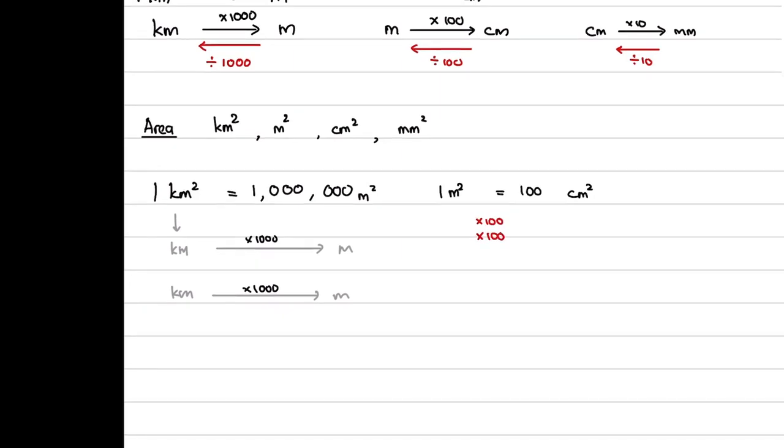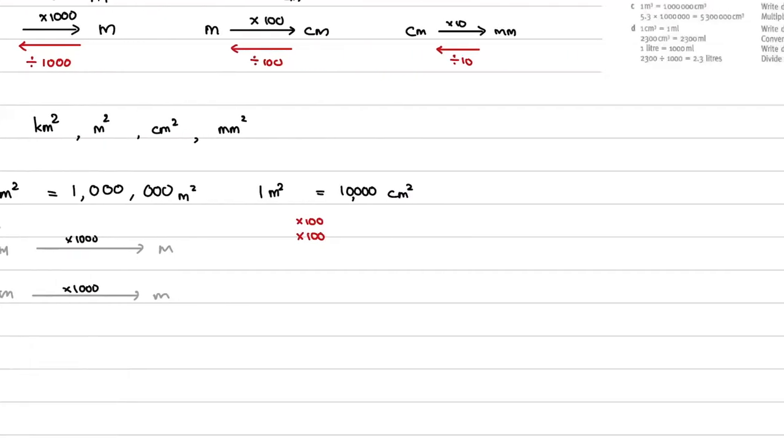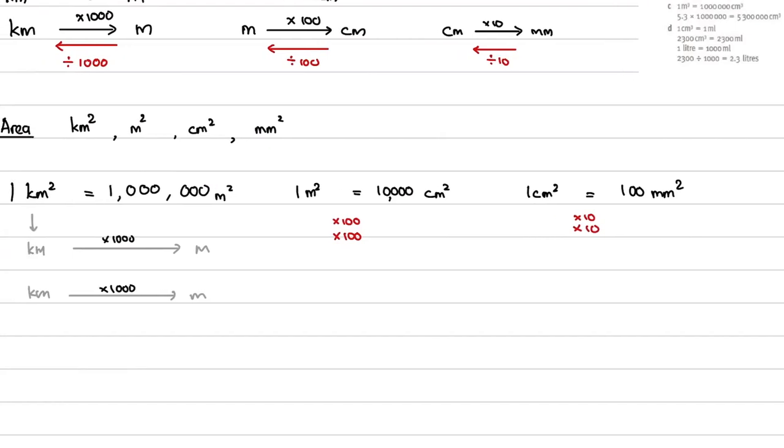So you get 10,000. Same thing for 1 square centimeter to square millimeters. Multiply by 10, multiply by 10, we're going to get 100 square millimeters.